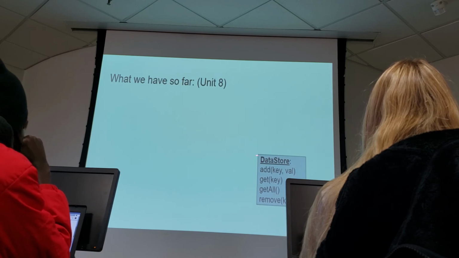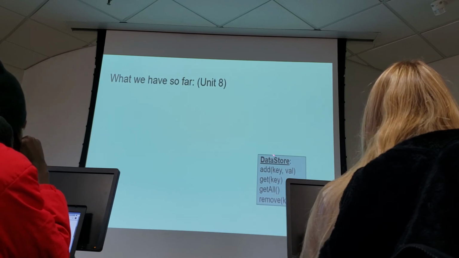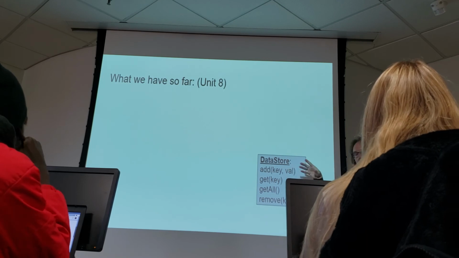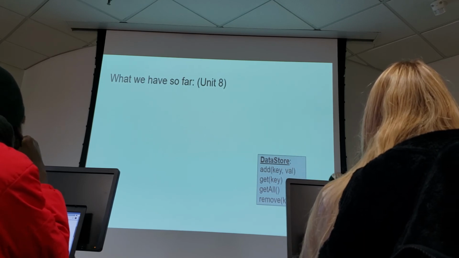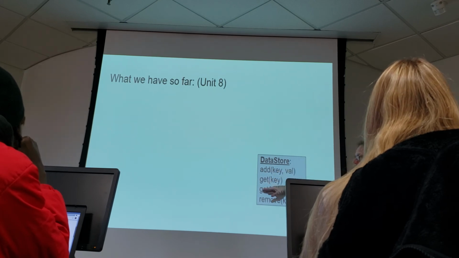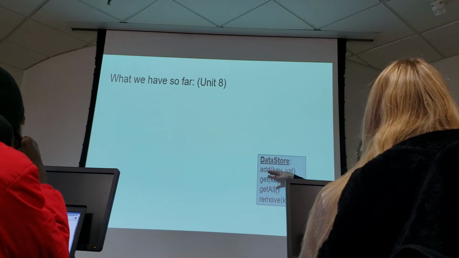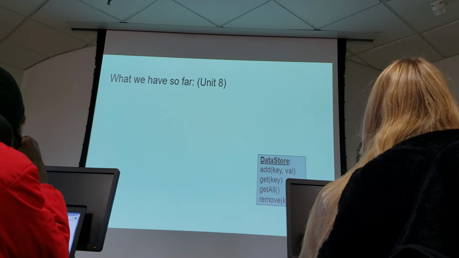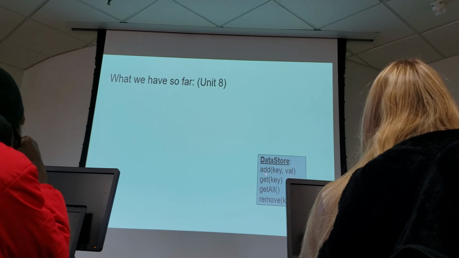So what we did was we created this object that is a data store, and instead of letting the users access whatever data they want, use it however they want, we created these 4 methods, and that keeps it nice and clean, right? You don't want random users going into your data and changing it however they want, right? You want to force them to use your methods. So if you want to add new data, you have to use the add.